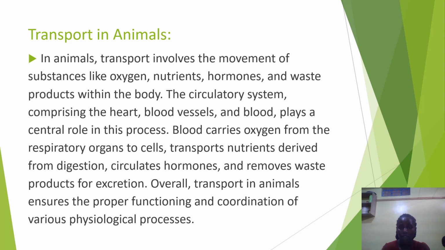The next function of blood is to transport nutrients derived from digestion. So when you eat your food, the next step is for it to be digested. And where is this food digested? This food is digested to give out nutrients. And examples of nutrients are like vitamins, which are used to build the body.